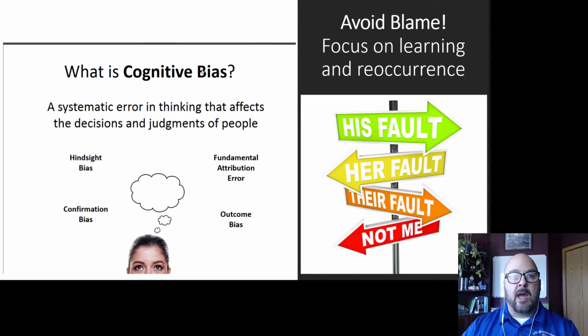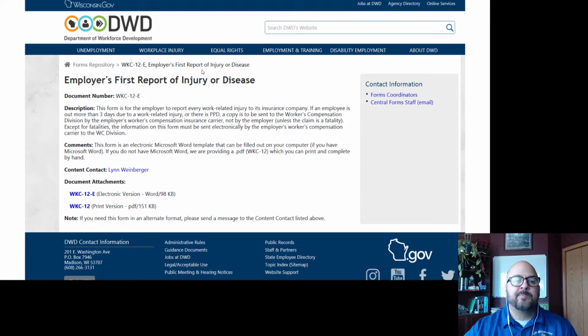They chose to do that and they got hurt. They got what they deserved. And that's not the way it is. We have to fight against that urge because it's not real and it doesn't benefit the program. It doesn't benefit the worker. It doesn't benefit the company by adopting that mindset. And so we must do everything we can to hold back our cognitive bias and educate others in the workplace to recognize its influence and try to mitigate it themselves.